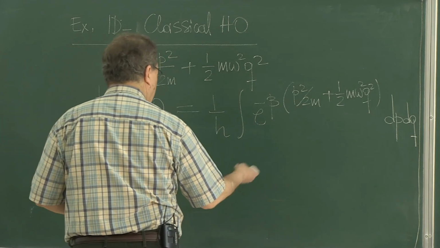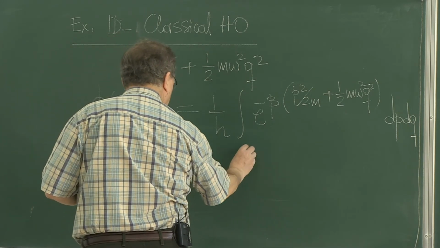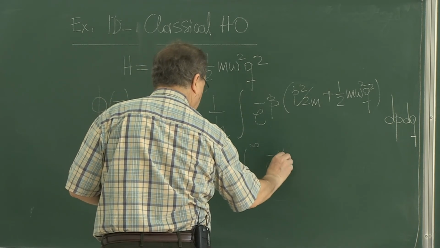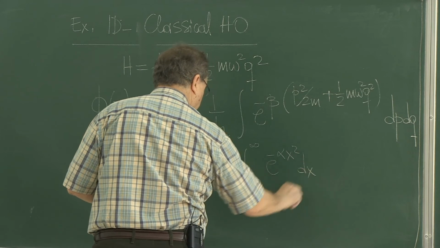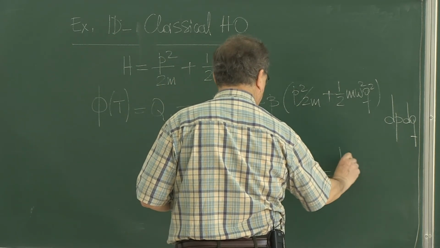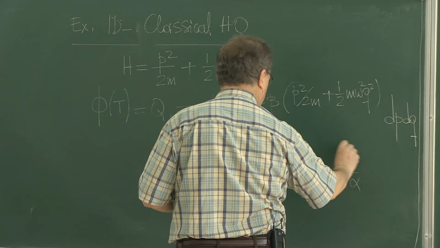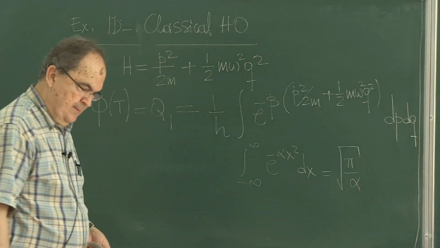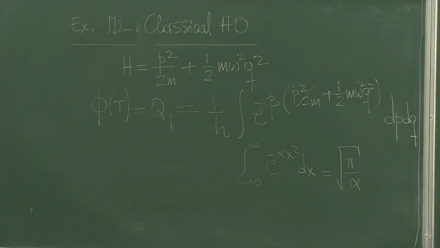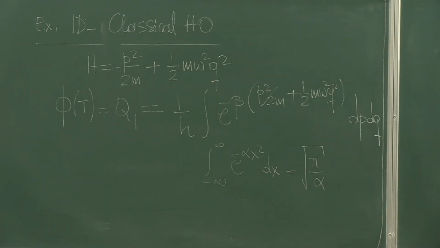Well, we know the Gaussian integral, e to the minus alpha x squared dx. We have two integrals multiplied together, square root of pi over alpha. Using this, we can write the integrals over p and q explicitly, very easy.